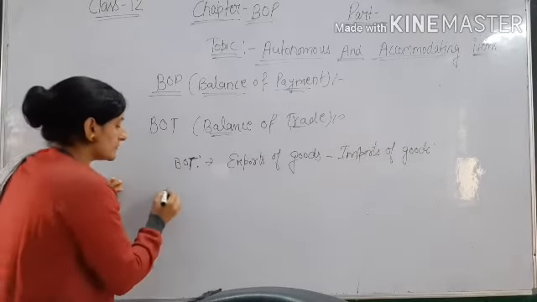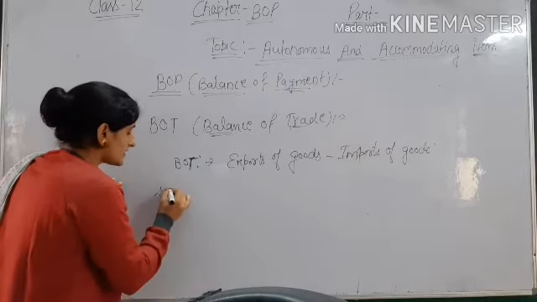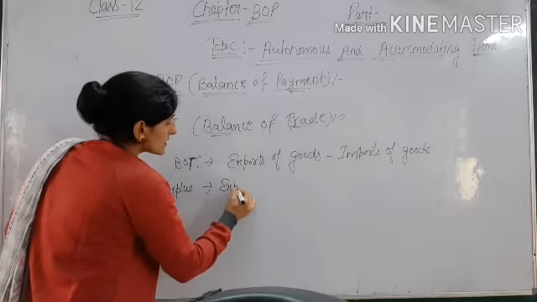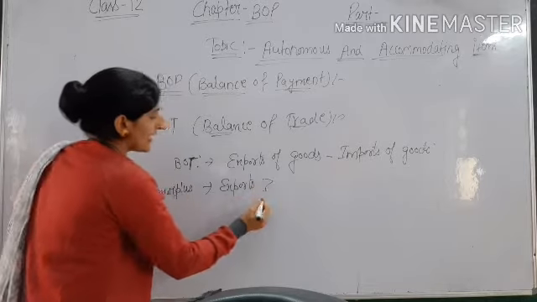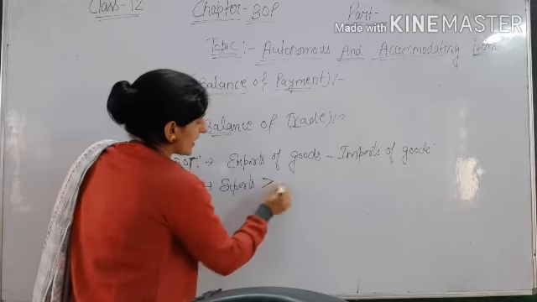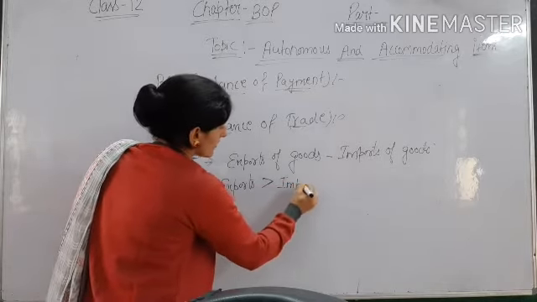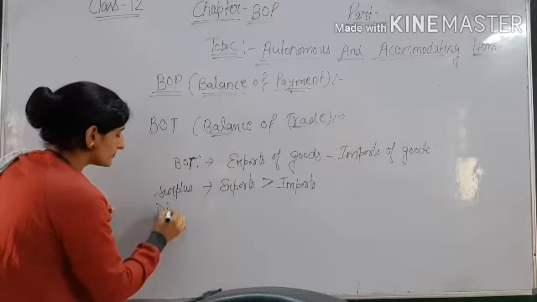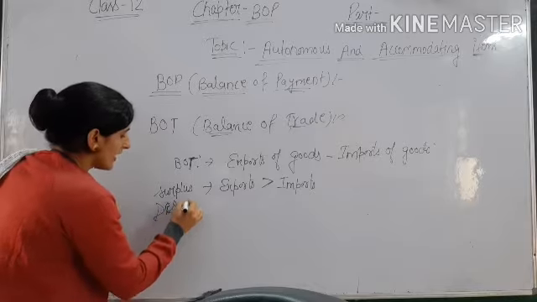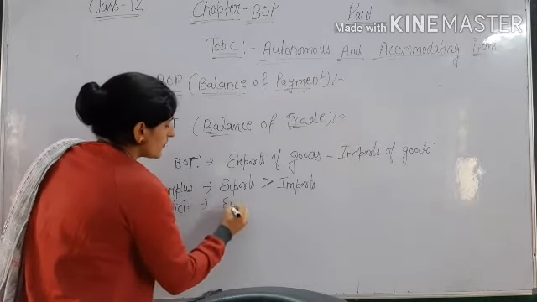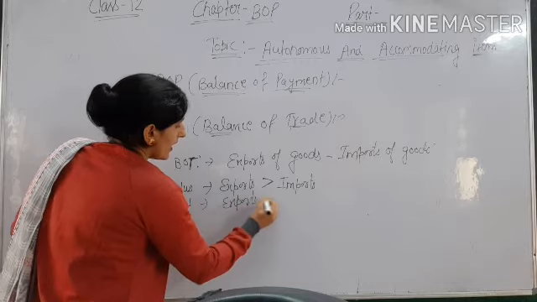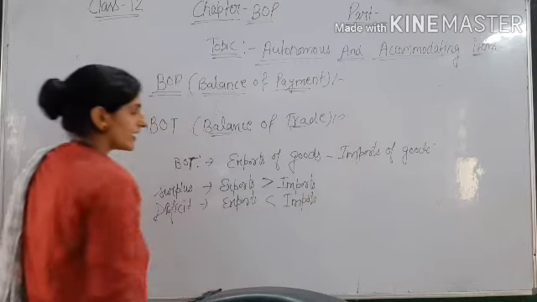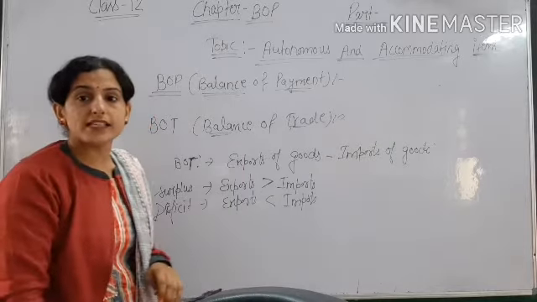If there is a surplus balance of trade, it means our exports are greater than imports, and deficit means our exports are less than imports.